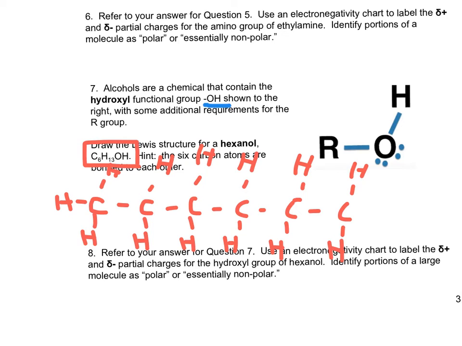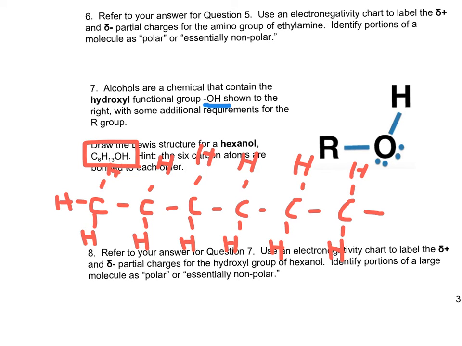So most of the carbons on the left, the 1, 2, 3, 4, 5 coming in from the left, already have their stable octets. And this carbon here, most on the right, needs one more bond to give it its stable octet. Where's that going to come from? That's going to come from the hydroxyl group.